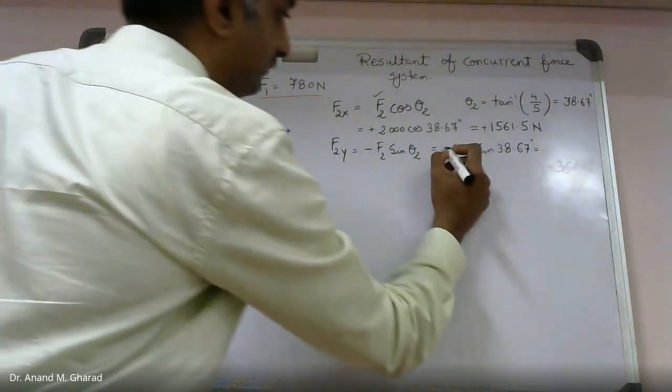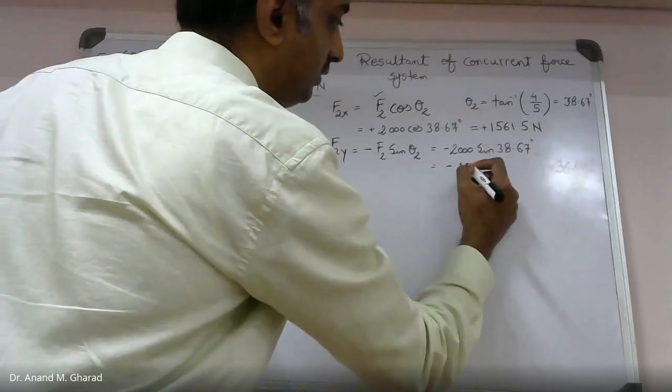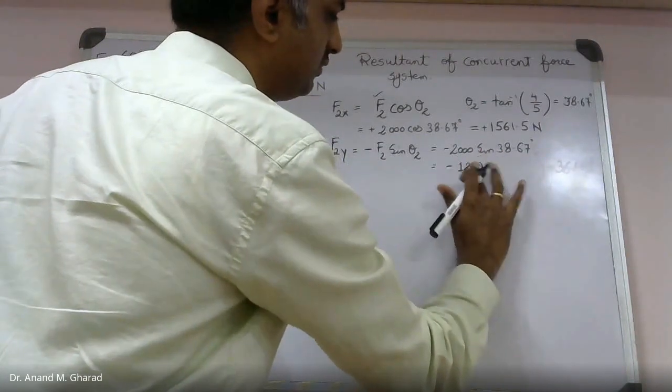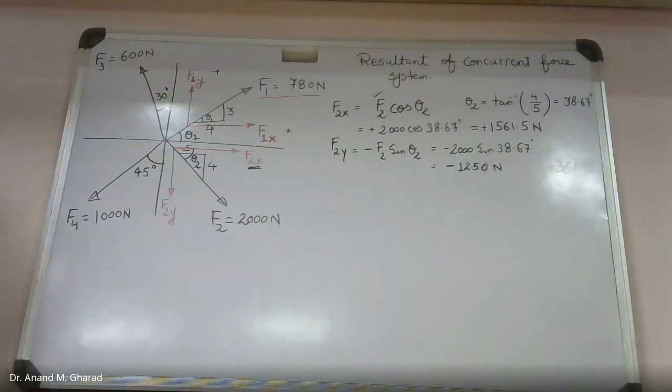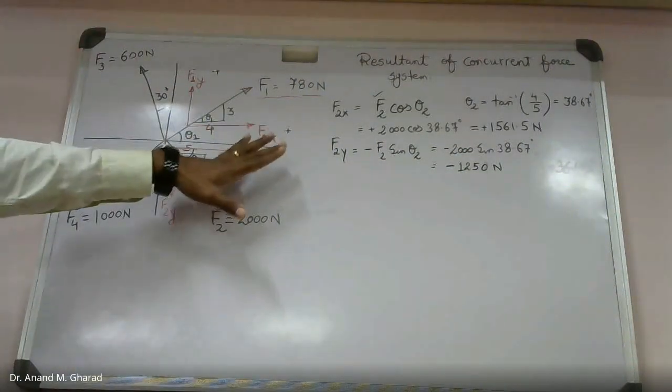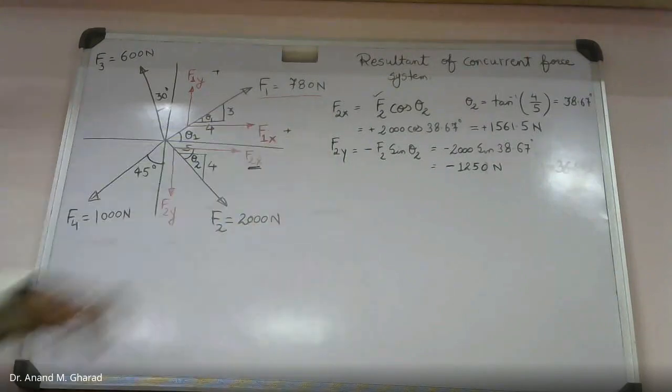And this will be negative. Sir, 1249.66 minus, so let's say 1250 Newton, and the direction is negative. So these are the values for F2x and F2y.